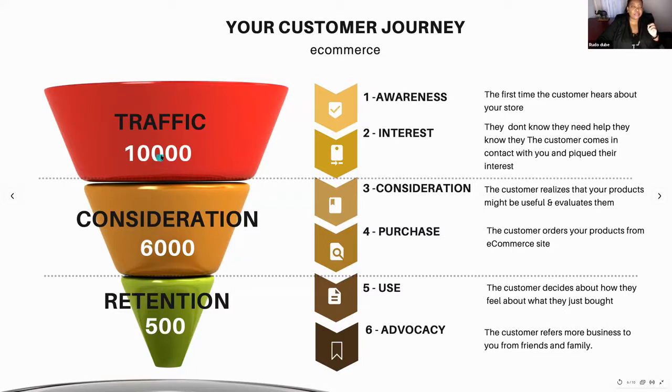So about a portion of those 10,000, about 6,000, let's say, just rough numbers, click onto that. And of all those 6,000 that were considering your products, only 500 actually end up buying the products, right? So from 10,000, we now only have about 500 people buying at the end.